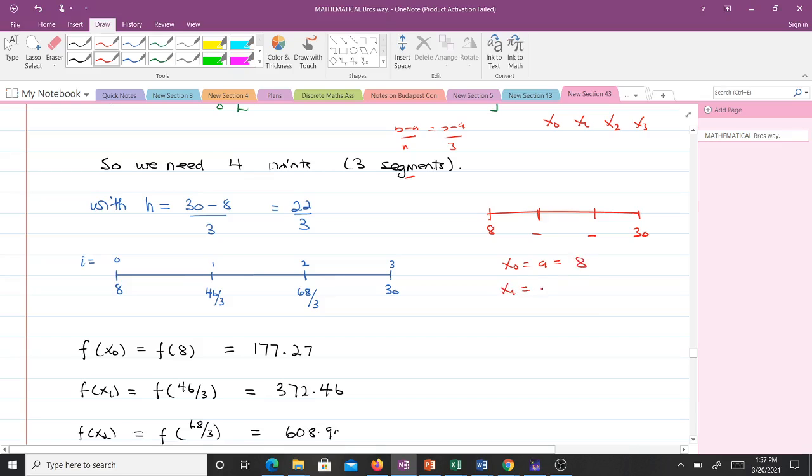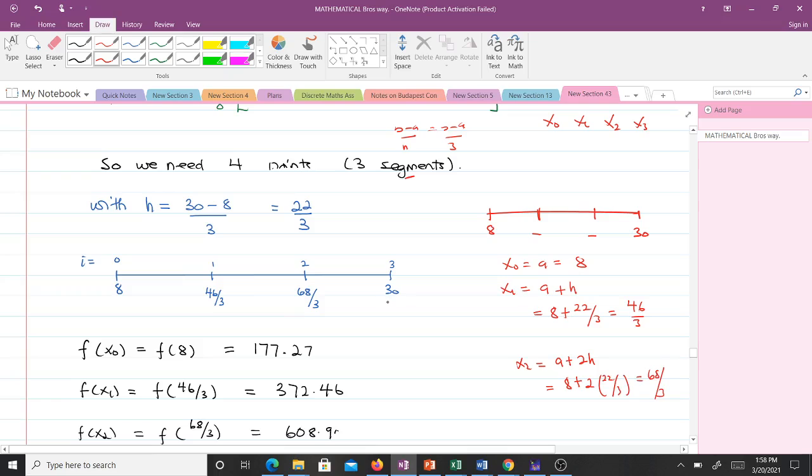Then our x1 will be a plus h, and in this case it will be 8 plus 22 over 3, and I think that will give you 46 over 3. Then to get our x2, it will be a plus 2h, and that will give you 8 plus twice the step size, and that will give you 68 over 3.